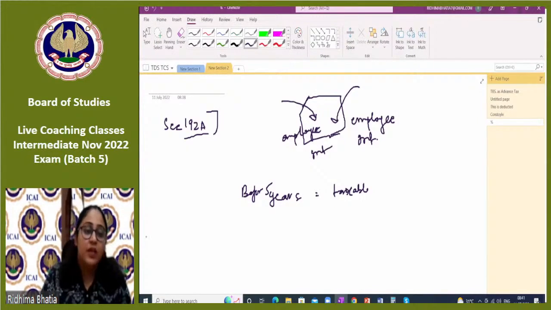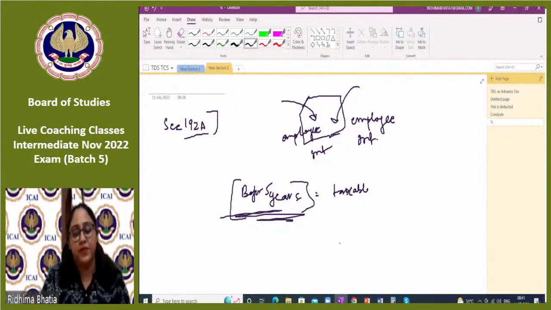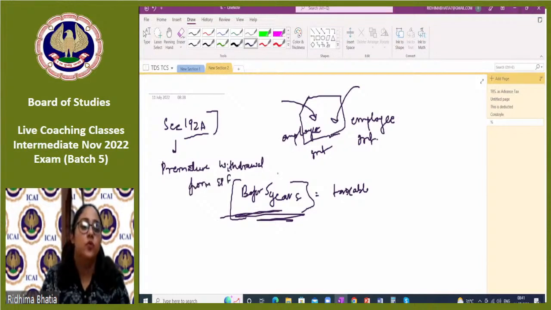So section 192A talks about the typical payment which is made before 5 years. That's why the nature of the payment here is premature withdrawal from EPF, that is when you withdraw it before 5 years.